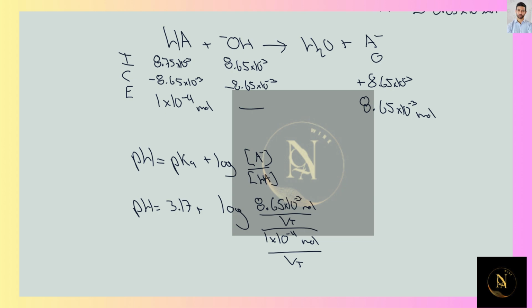So we can live without them and simply do this operation as is. With this, the result for the pH at 0.5 milliliters before the equivalence point is going to be 5.107.